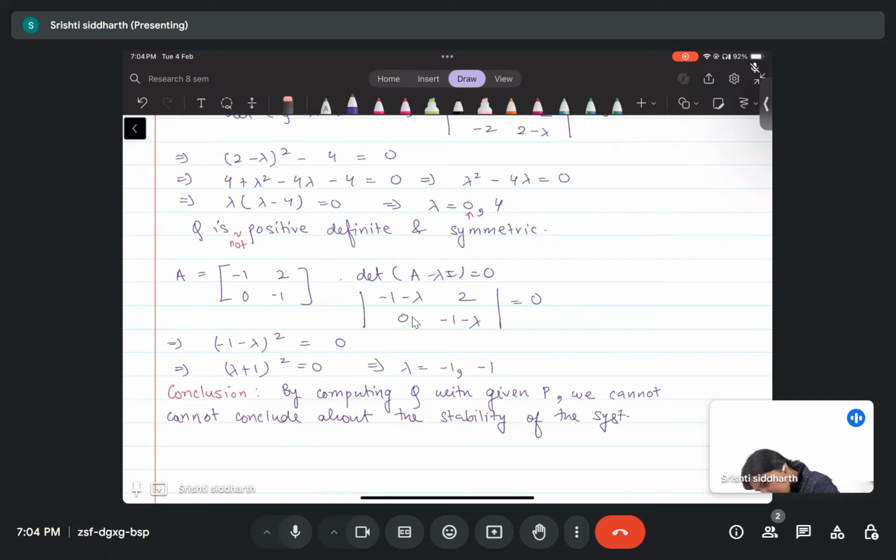Because we just saw that even though the Q which we obtained was not positive definite, we have a system with negative eigenvalues. So we have a stable system.